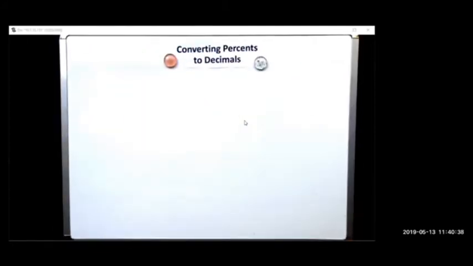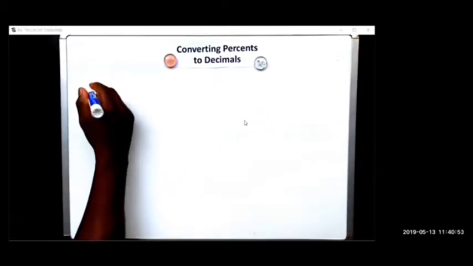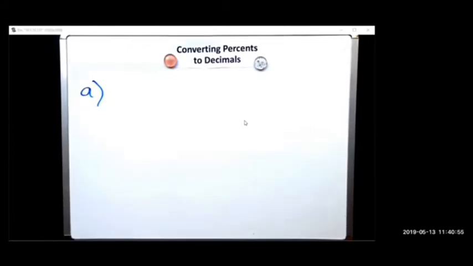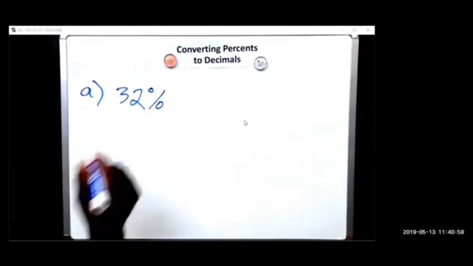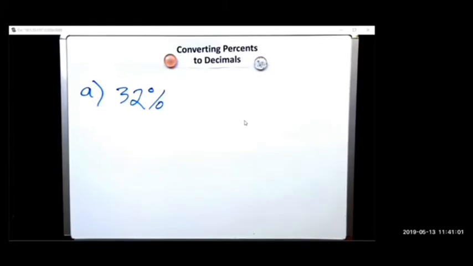So let's see here. Let me check my notes. What if I give you a percent, and let's call this part A, 32%. And we need to convert that to a decimal.